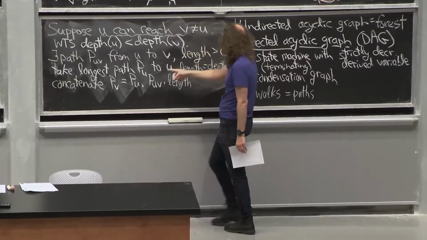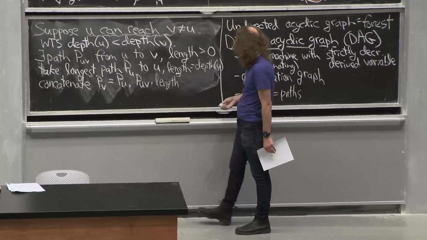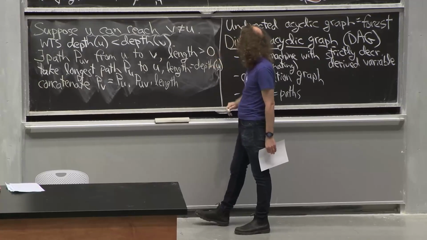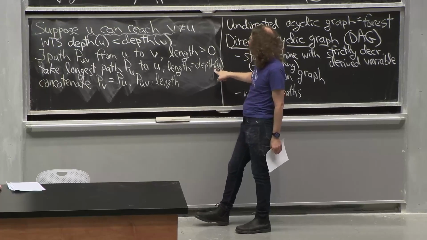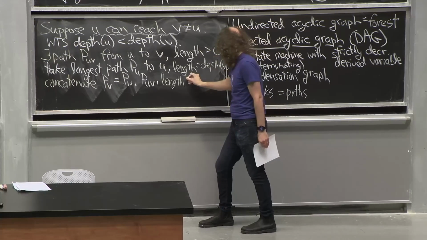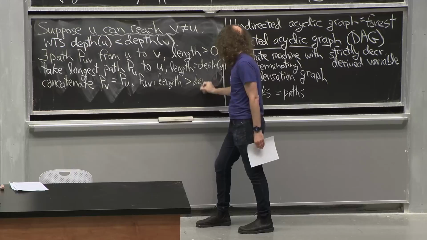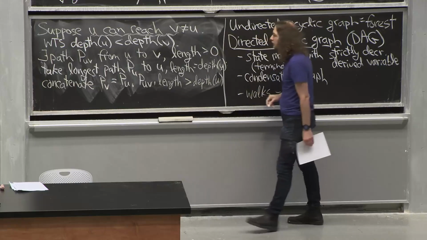First of all, it's a path because this one ended at u and this one starts at u, so you can actually concatenate them. The length is just the sum of these two lengths. So it starts with depth of u number of edges, and then it has at least one more. So the length is strictly greater than depth of u, because it's just the sum of these two numbers.